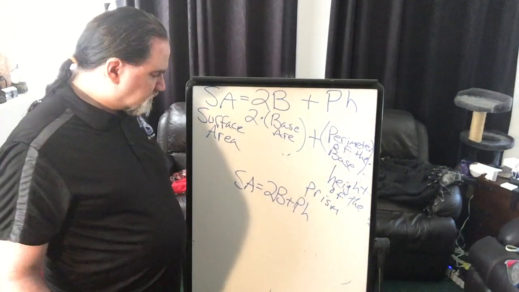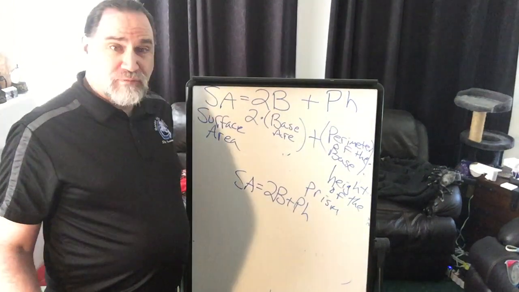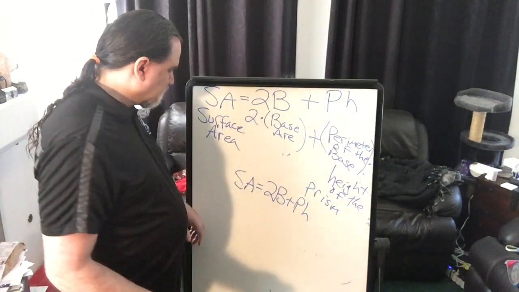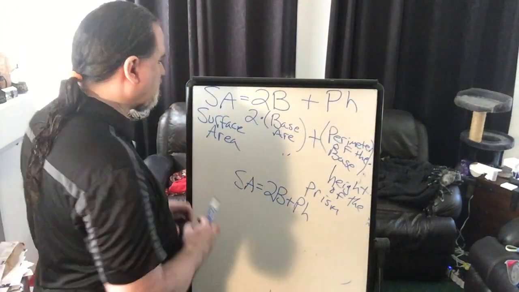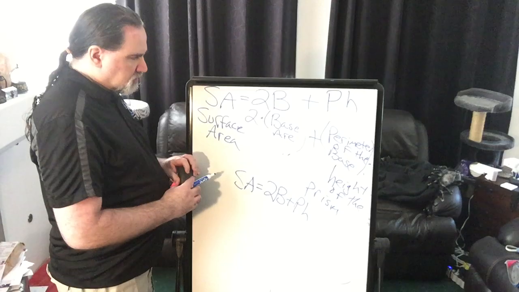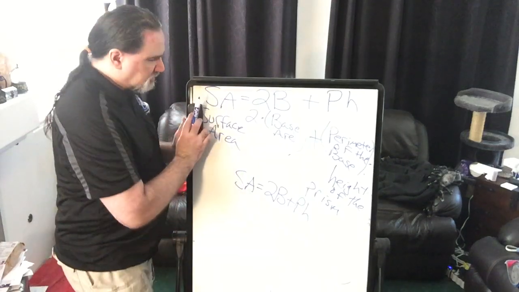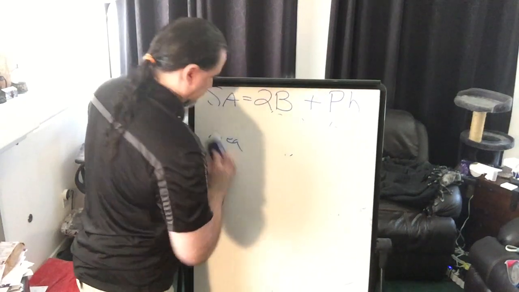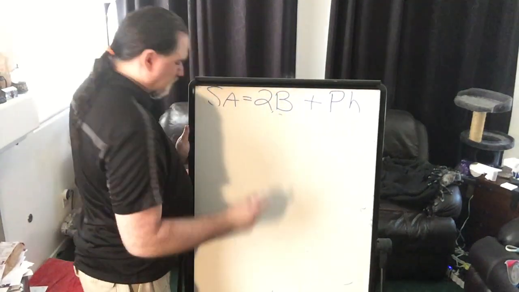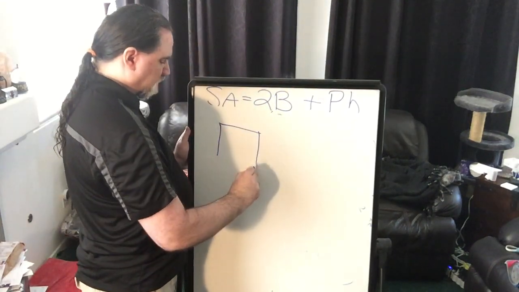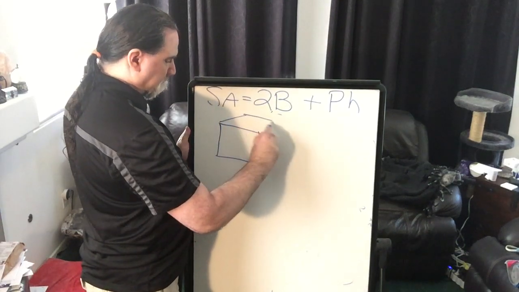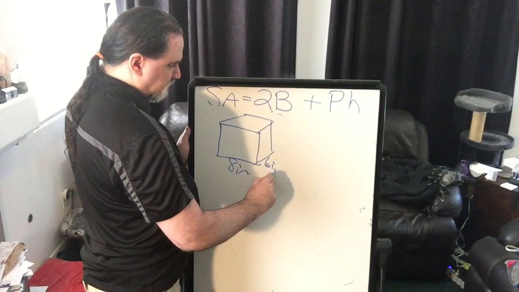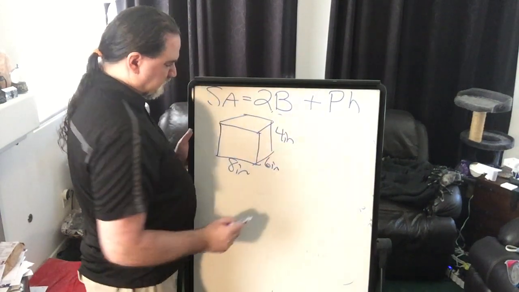Okay, that is a crazy formula, but let's put it to a little bit of a test. Let's go back to our, so I'm going to erase all of this. Okay, let's bring back our rectangle, our rectangular prism, I should say. So again, 8 inches, 6 inches, 4 inches.